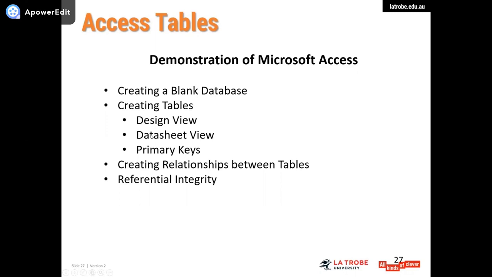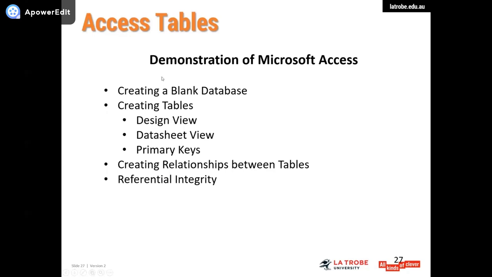Then we need to set the primary key or keys depending on your table, and then I will show how to create relations between these different tables. And finally, it's necessary to set referential integrity to guarantee the correctness of your database.